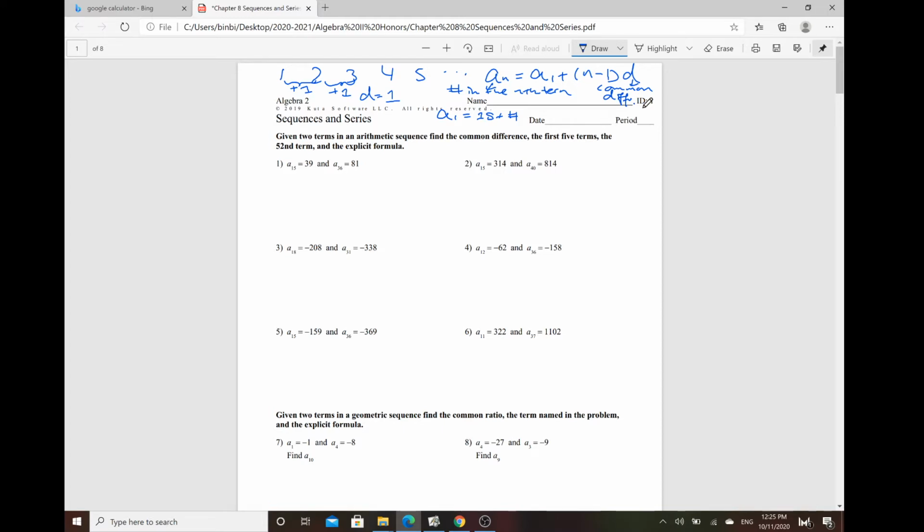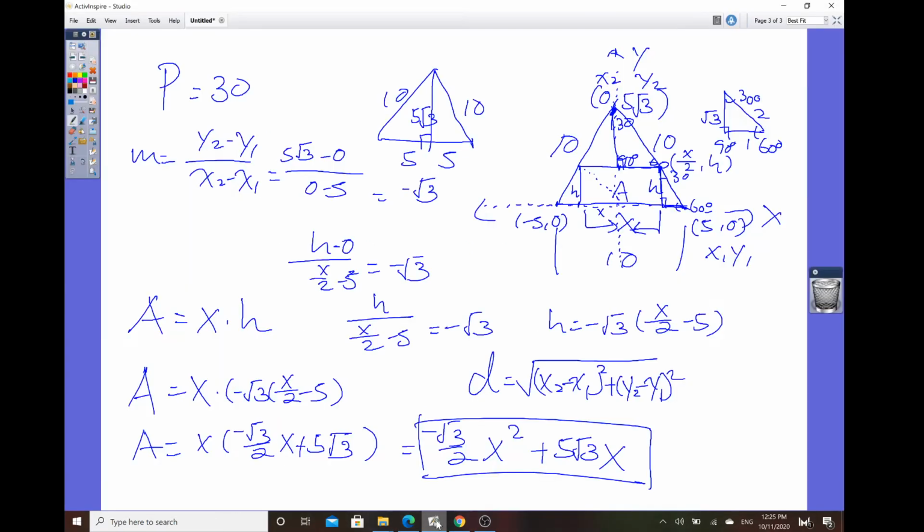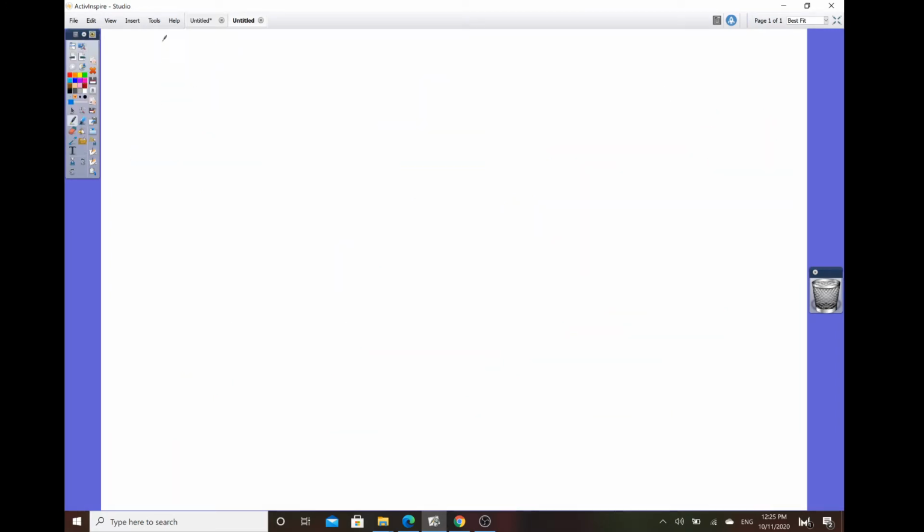There's a tiny space right here, so let me just rewrite it on the other slide. Give me one second. Okay, right here. A sub n equals a sub 1 plus the quantity n minus 1 times the common difference.